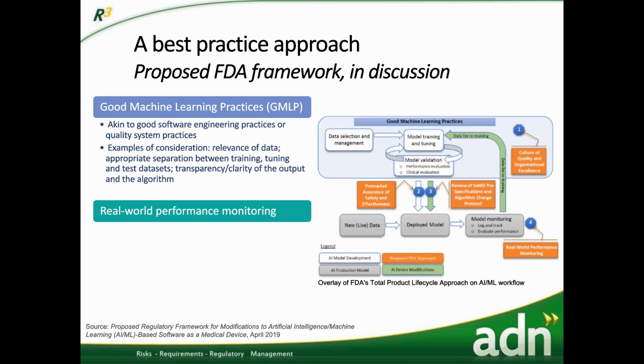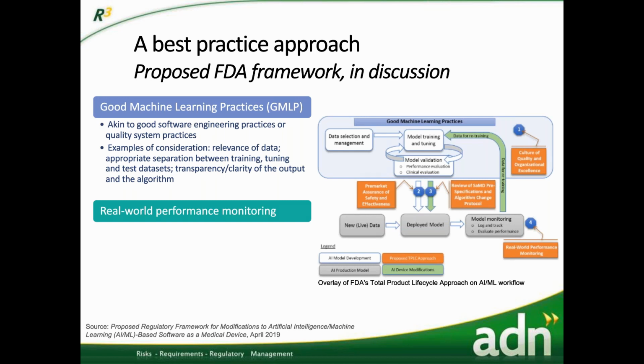But these good machine learning practices, focusing on each step, like data management, extraction, training, and evaluation of the data, are not far from the ones we are used to. It also emphasizes real-world performance monitoring, to notice and look at how the continually learning system behaves with real-world data.